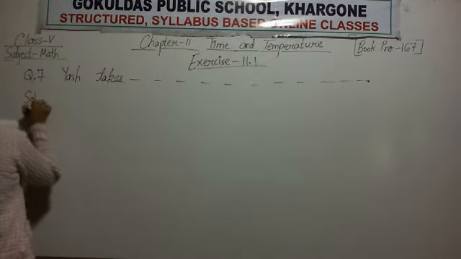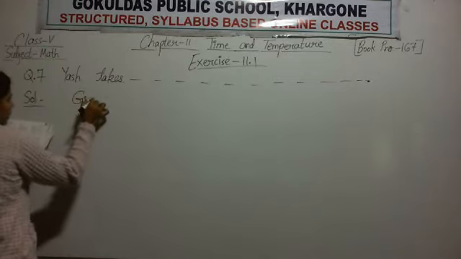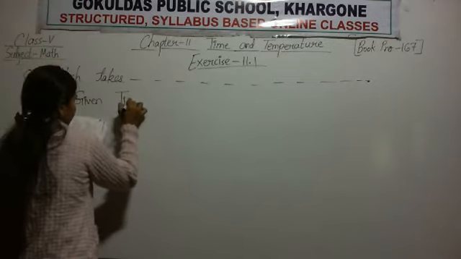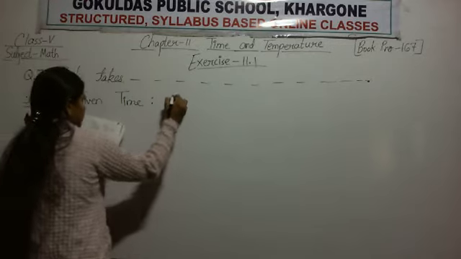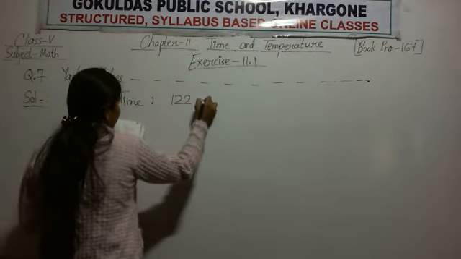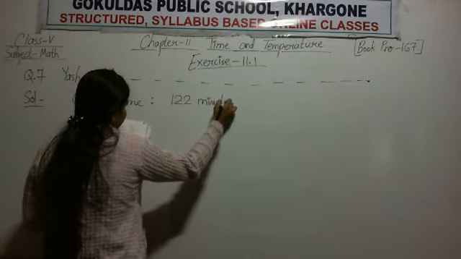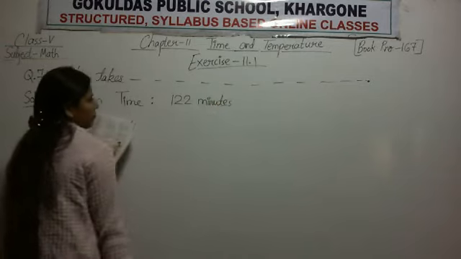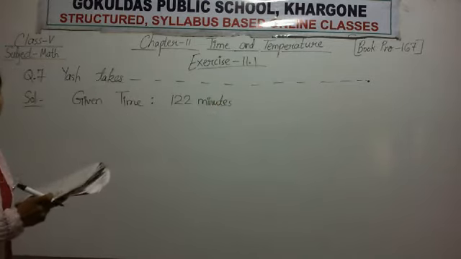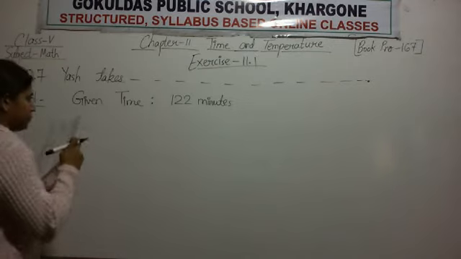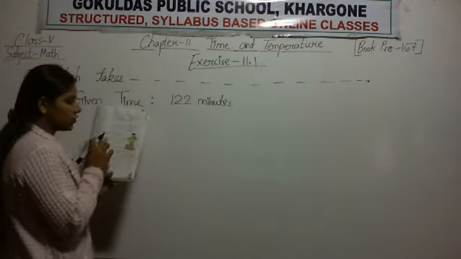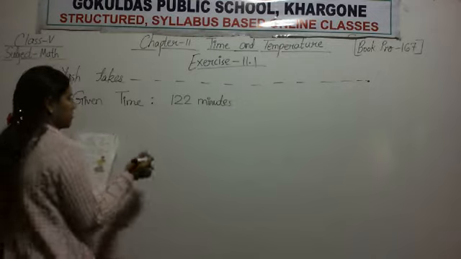Solution. Let me write the given time. Given time is 122 minutes. Right? Now we want to change these minutes into seconds.